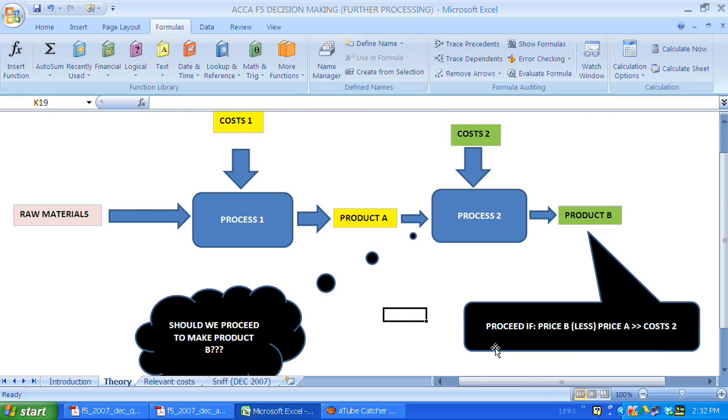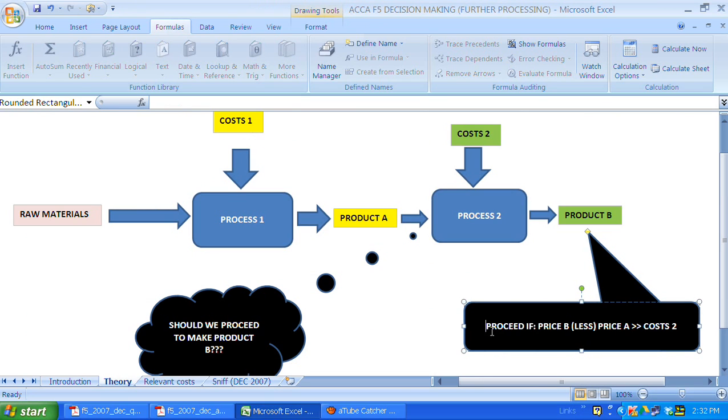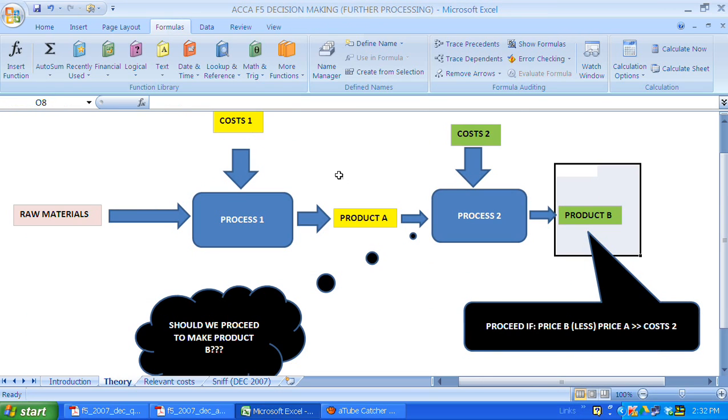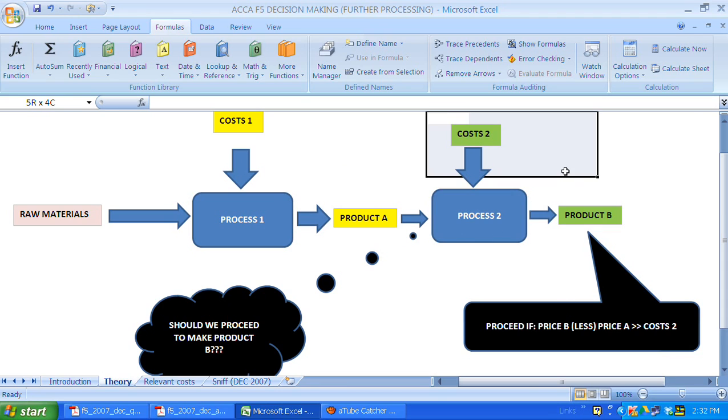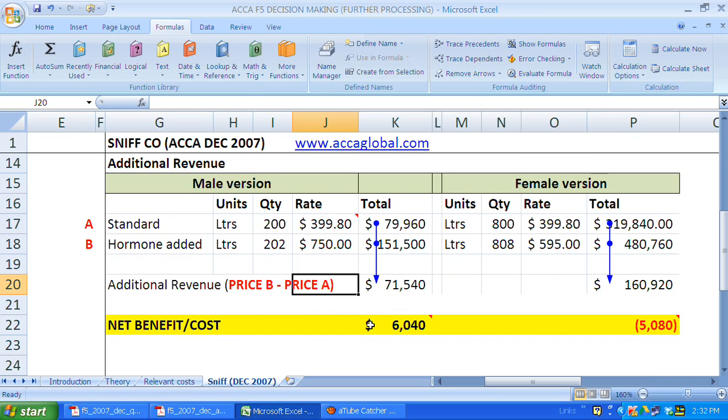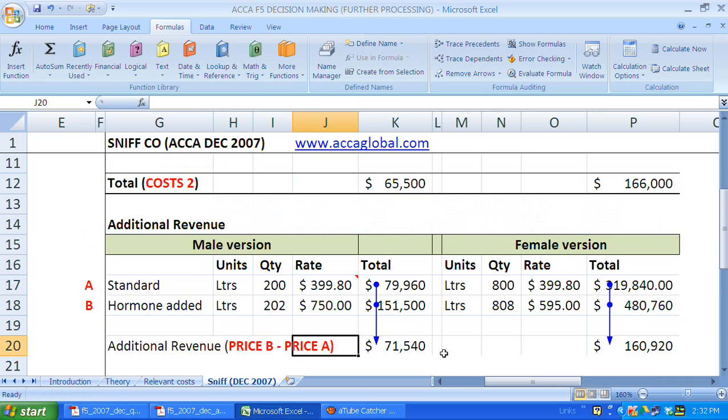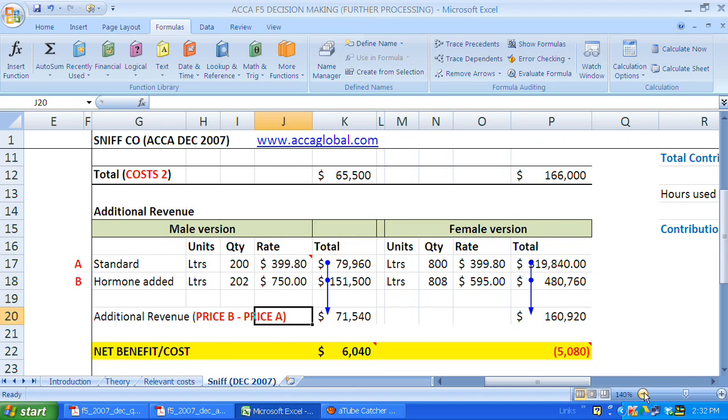So remember, the decision is I should only proceed if price of B less price of A exceeds costs. So what we want to do right now is to find the difference.